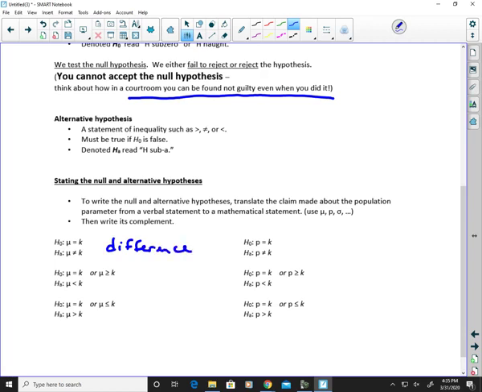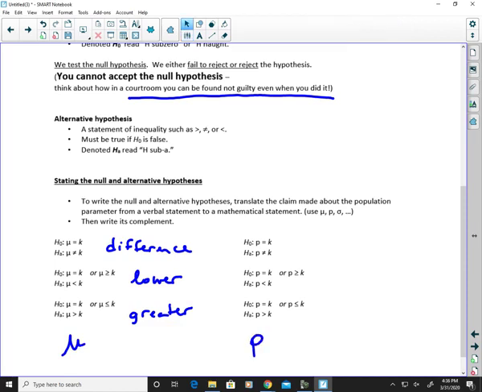This next one would be if you thought that you were looking for evidence of it being lower, evidence of being greater, using symbols of mu. Same concept, but using symbols of p for proportion. Those are the two that we'll be using for our hypotheses.